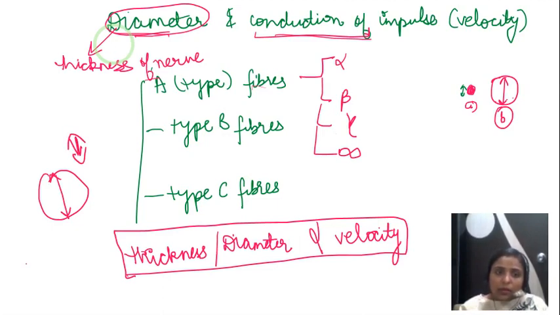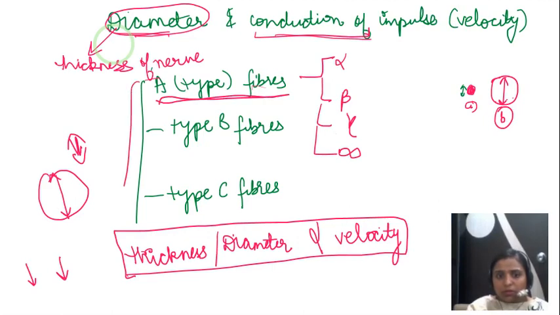And if the diameter is less, then the velocity will also be less, because they are directly proportional. If one thing increases, the other also increases. You understand this concept? Now let me tell you that type A fibers are the fibers which have the largest diameter compared to these fibers.